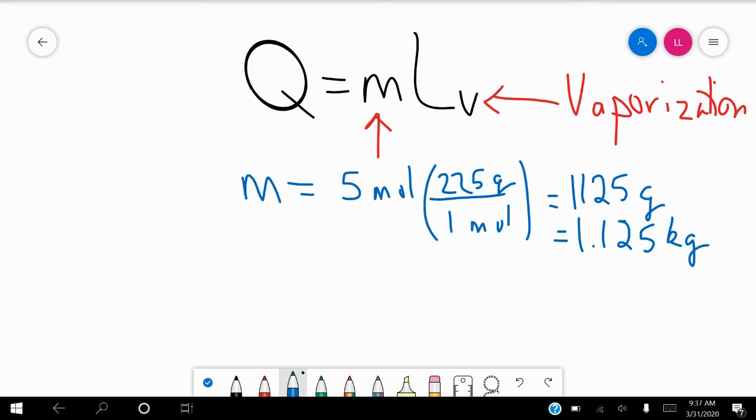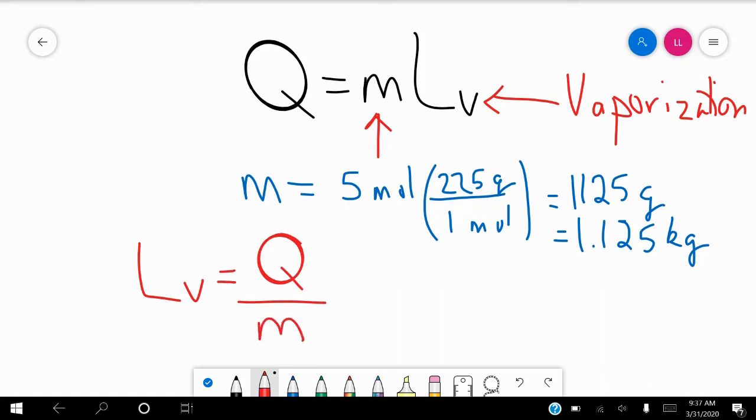You're probably going to end up using the kilogram number because it is generally the unit for latent heat: joules per kilogram or kilojoules per kilogram. So now we can take that number, plug it into our formula, and do some quick algebra.